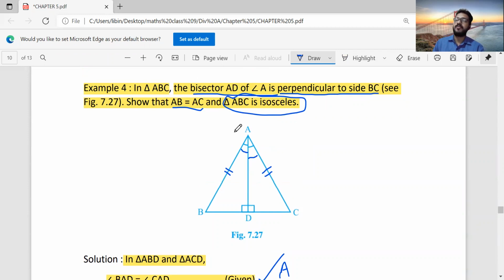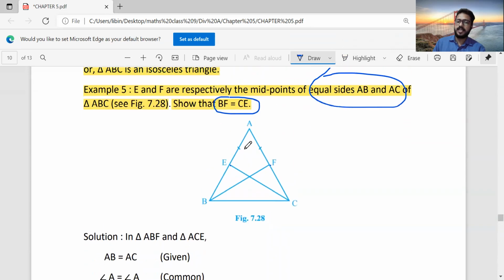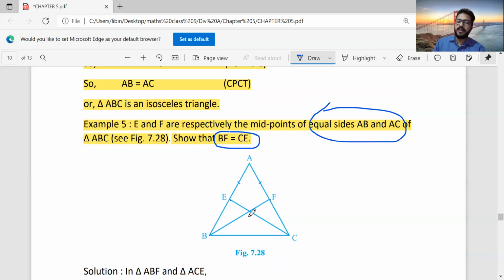As a result, we are forming two triangles. Here also, we want to prove BF is equal to CE, so in order to prove that, we should consider two triangles. It is our choice to choose which triangles we should take. The most suitable choice is to consider triangle ABF and triangle ACE.